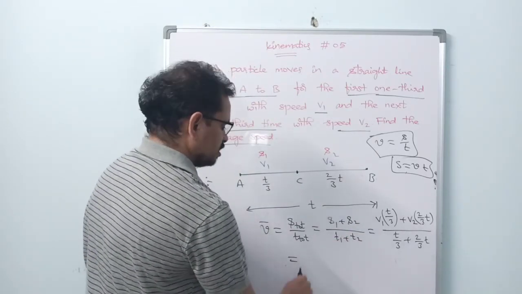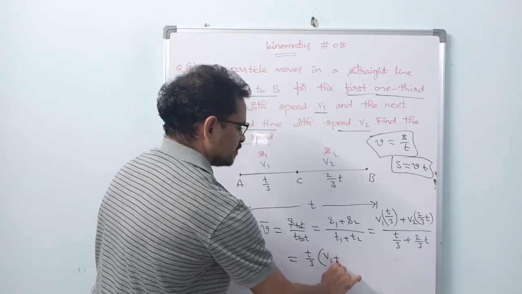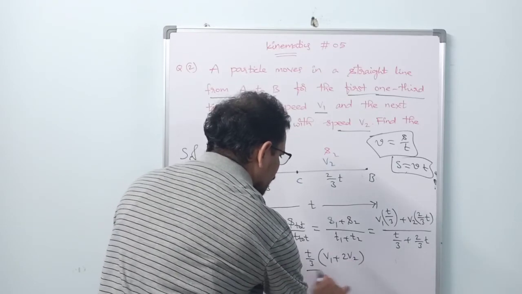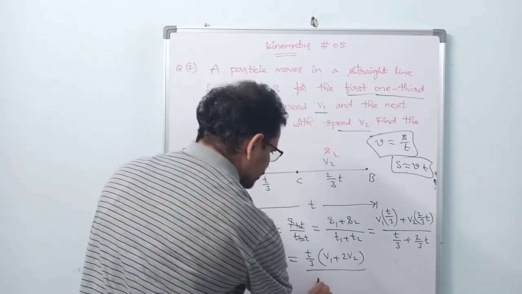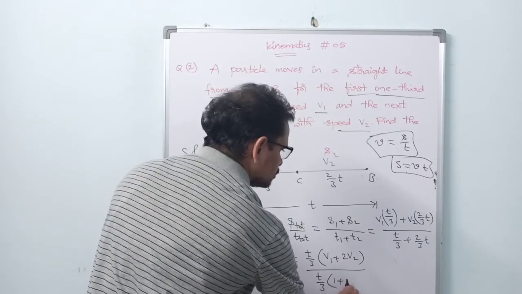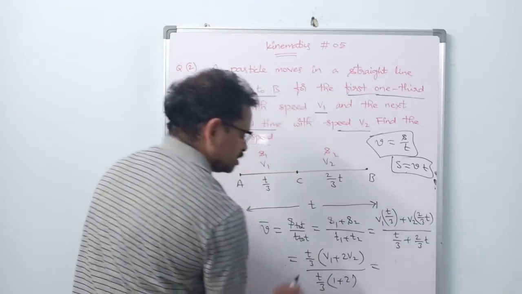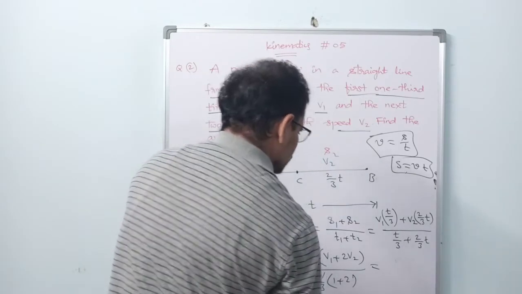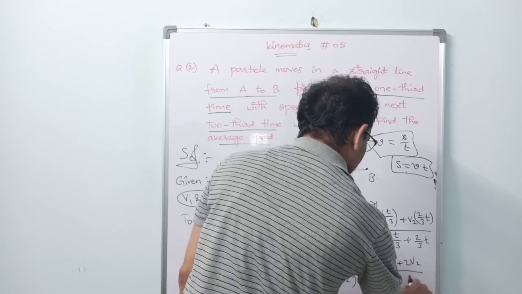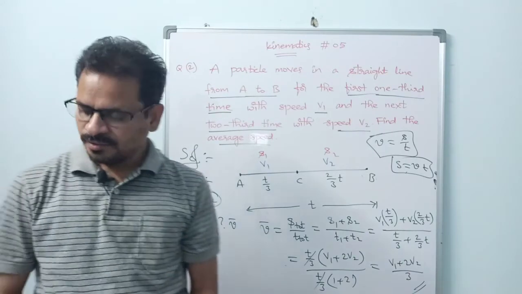Let us take t by 3 common in the numerator: t by 3 into v1 plus 2v2. Here also, if you take t by 3 common, 1 plus 2. So this is equal to how much? T by 3 cancels. So this is equal to v1 plus 2v2 by 3. This is the answer. So guys, in this way we can solve problems.